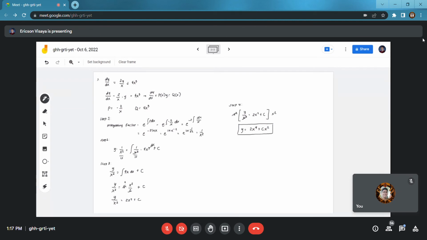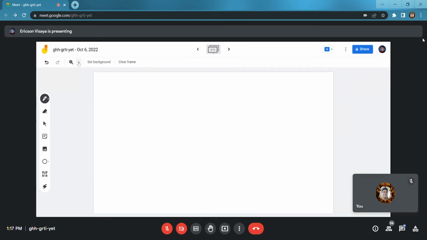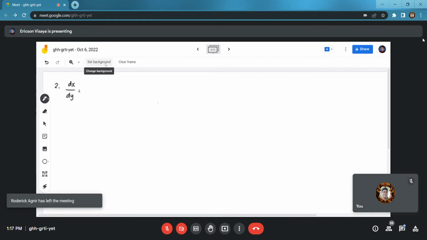Yeah. So, another sample. Bali, paano pag ang given naman sa atin ay dx over dy? Dx over dy is equal to sin y minus x cosecant y.